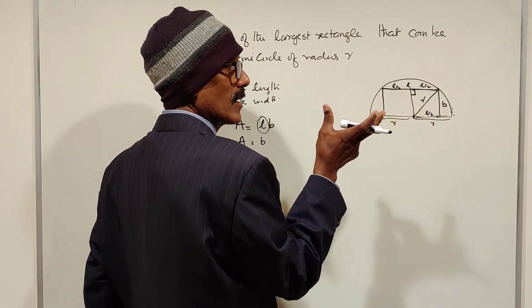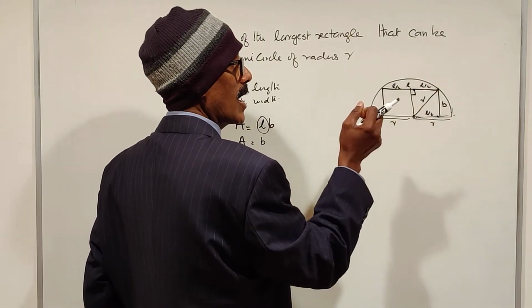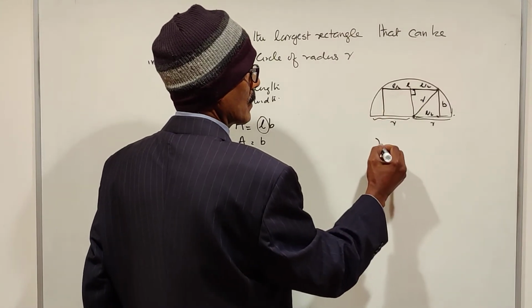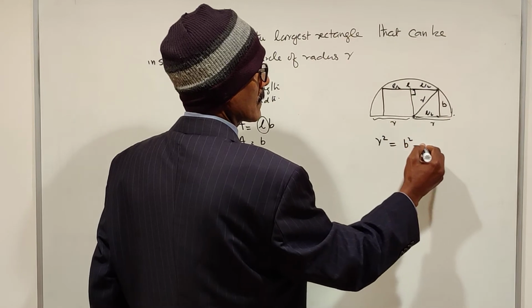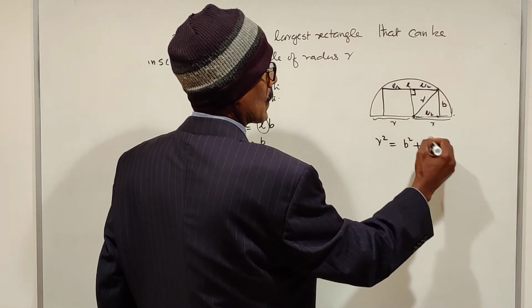That is the relation between B, L and R. So R square is equal to B square plus L by 2 the whole square.